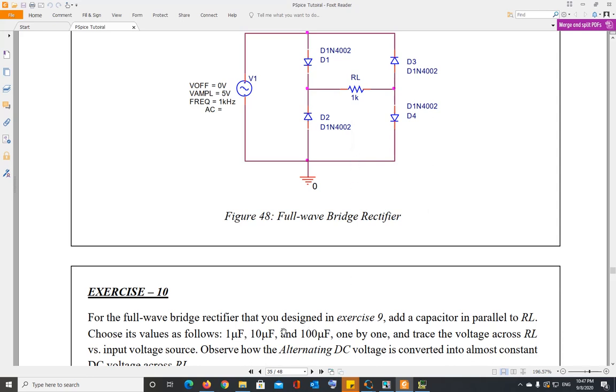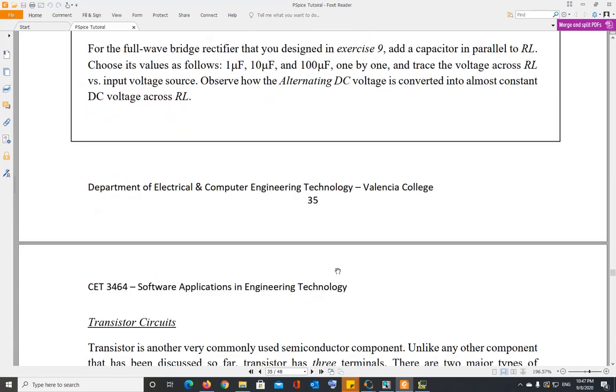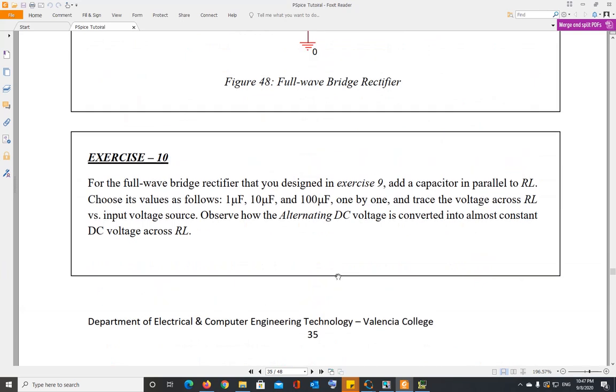And finally, you're going to replace 10 microfarad by 100 microfarad, run the simulation again, and you will see it will become very smooth, almost constant DC voltage. So this is how you are going to do this exercise. And with this, the discussion of diodes for this course is done.